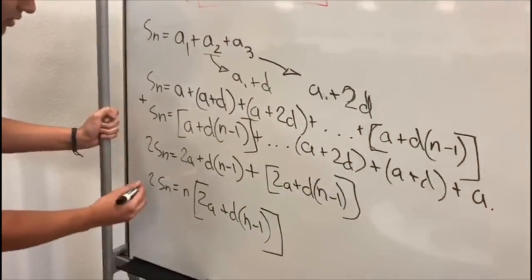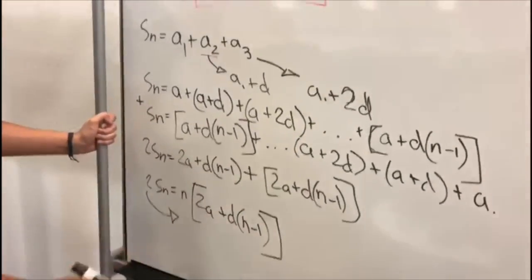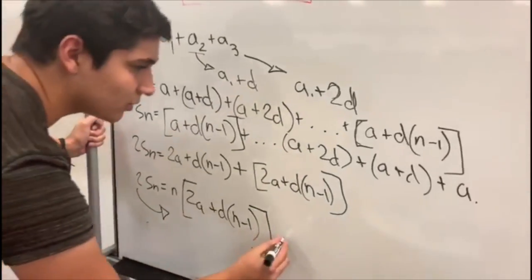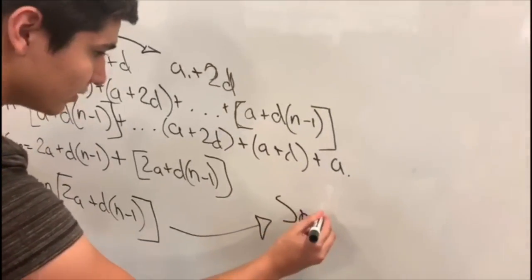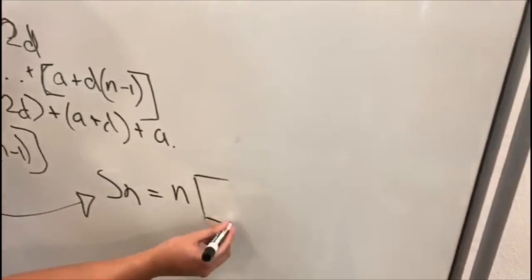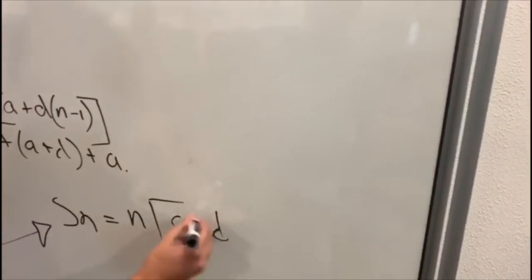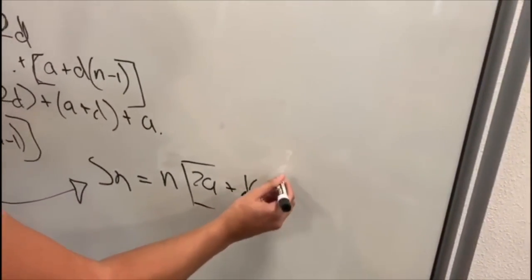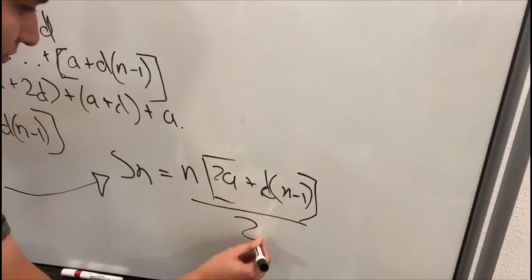And finally, we're just going to take this 2 to this side so we can divide by 2. So we have the formula from the beginning: n times 2A plus d times n minus 1, over 2.